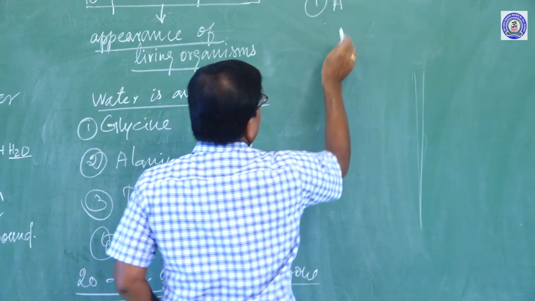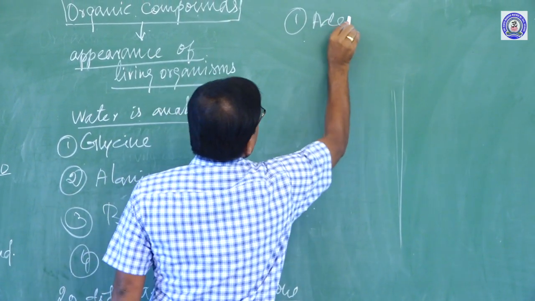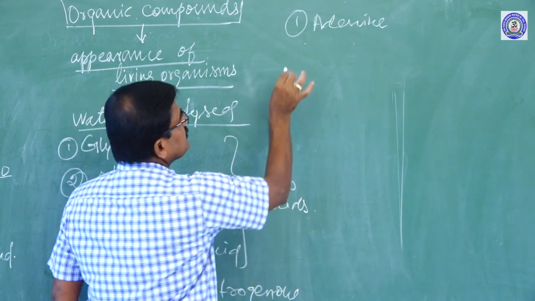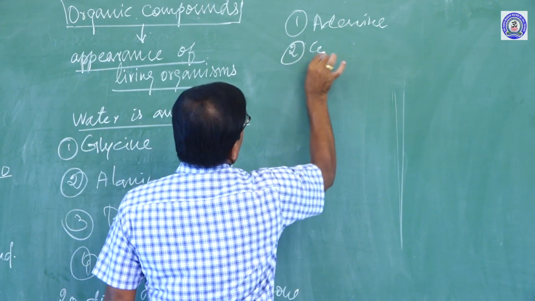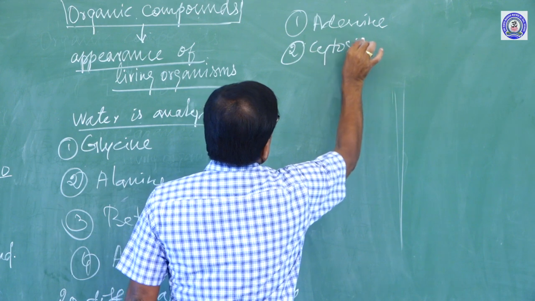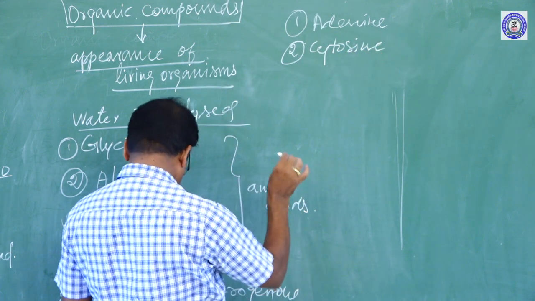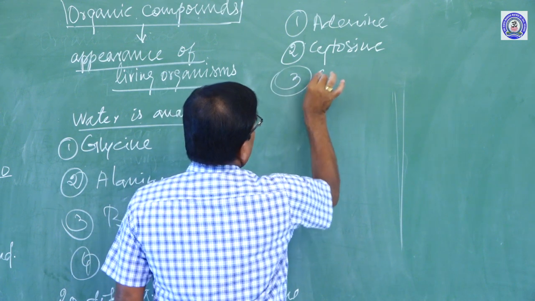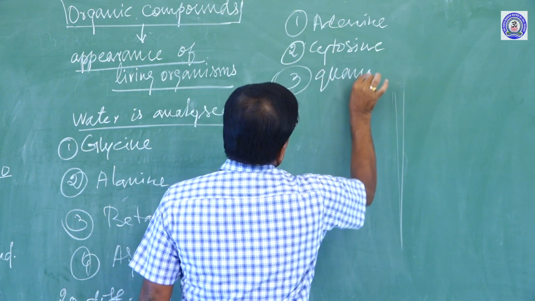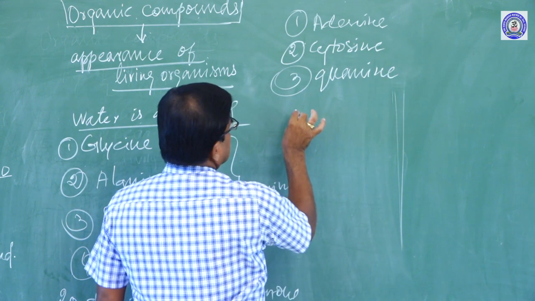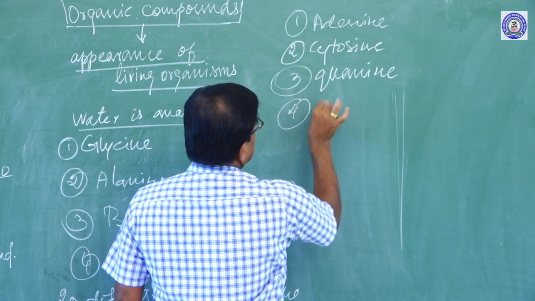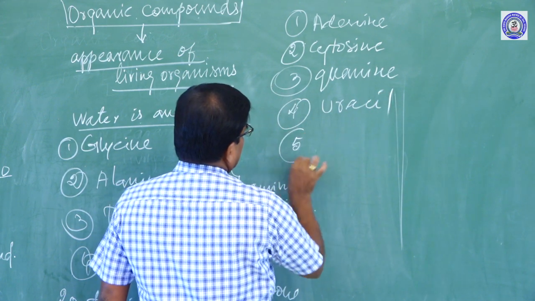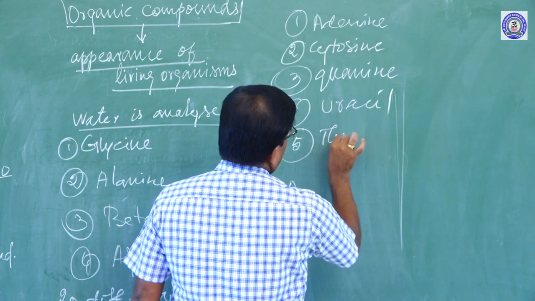You know that the nitrogenous bases are adenine, cytosine, guanine, uracil and thymine.